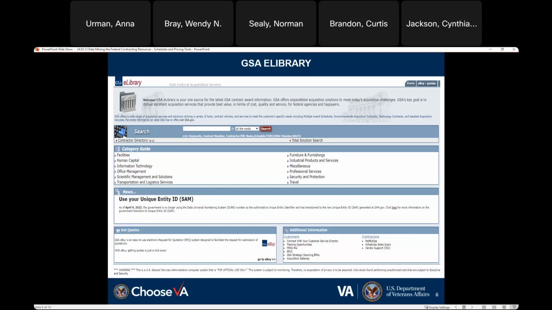GSA eLibrary, and the link will be on the next page, exactly how to get to it. But the GSA eLibrary tool will help you identify what vendors there are, what prices they have, what are some terms and conditions, and what are the GSA multiple award schedule categories or contract types.